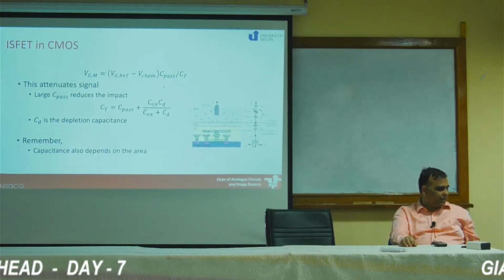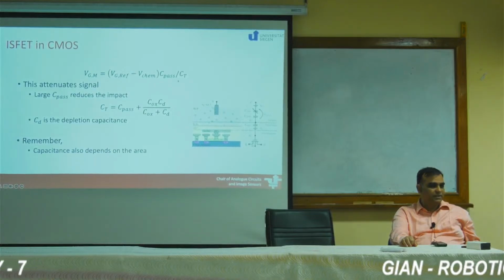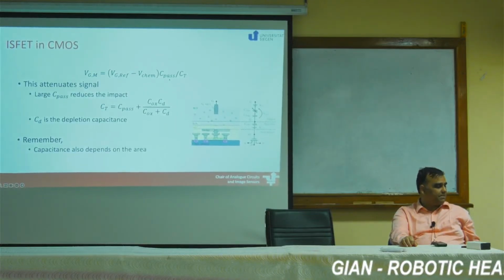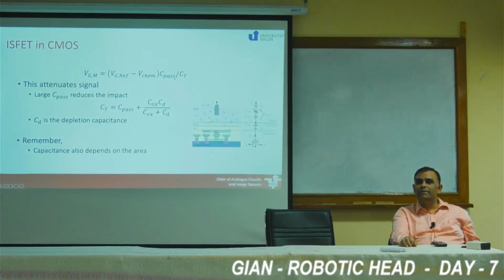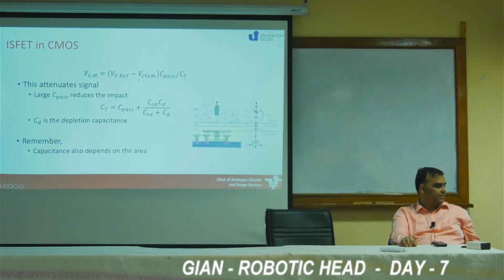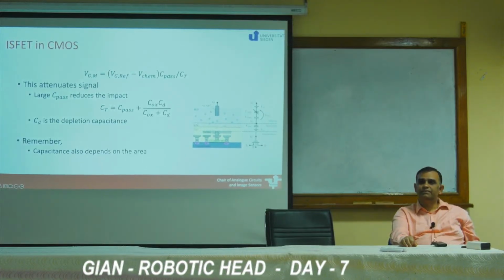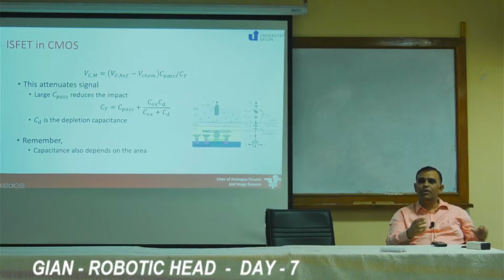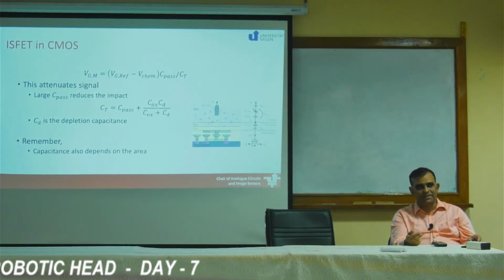Now, essentially what I am saying here, if this is C pass by CT, if my passivation capacitance is as close to the total capacitance as possible, this modulation loss will reduce. Okay. I do not want the parasitic capacitance to reduce my signal.